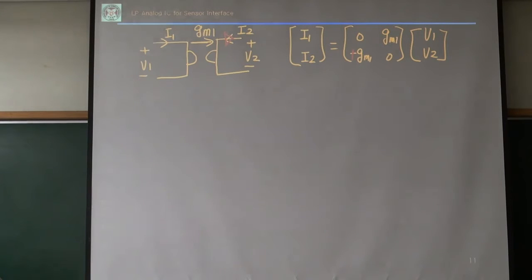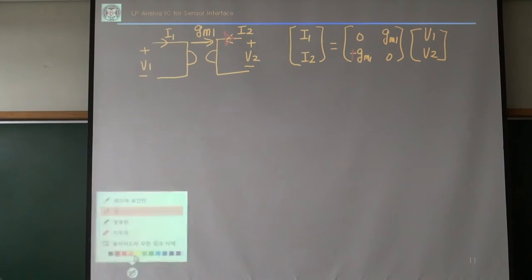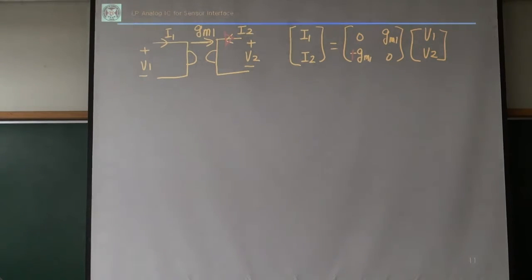Okay, so we already saw that if I connect a capacitor here, and this is GM1, so let's just say I have something like that. This is I1, I2.